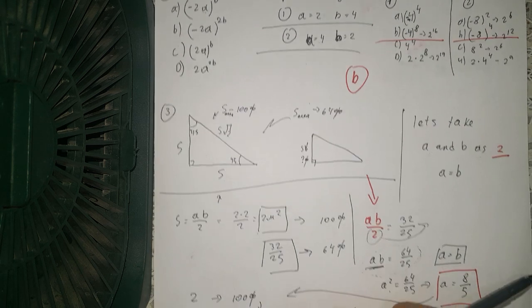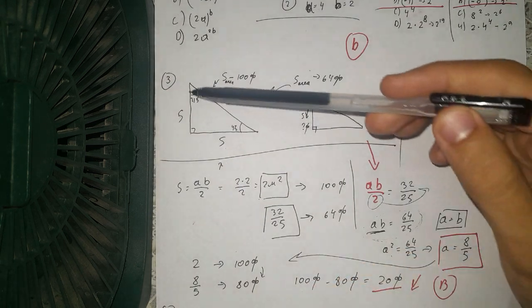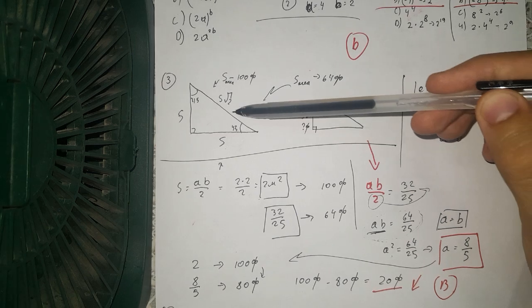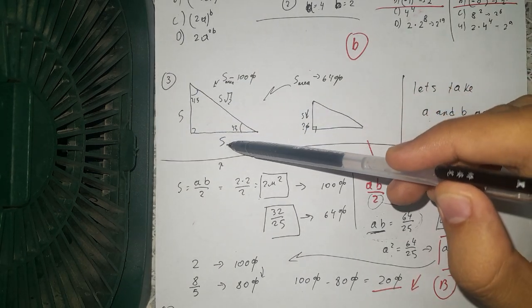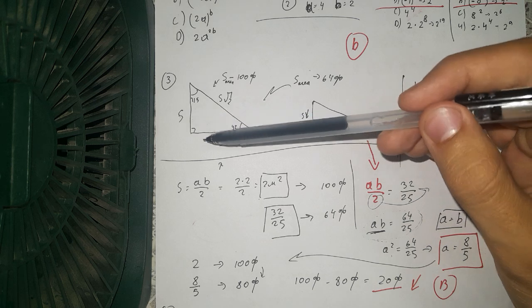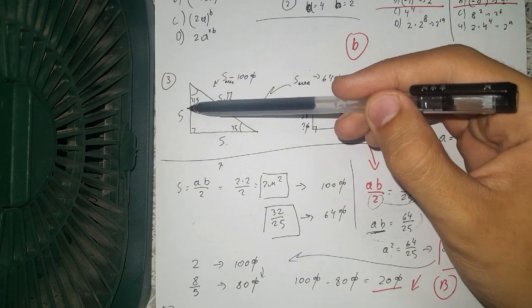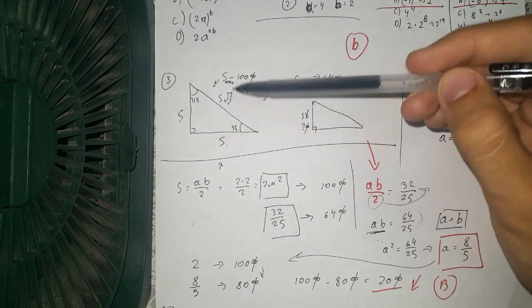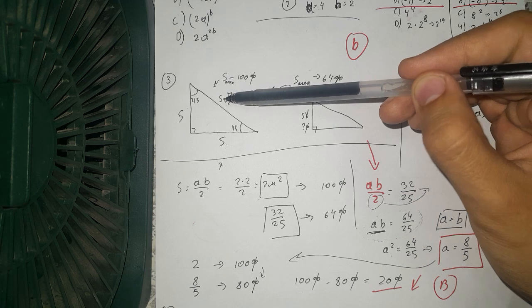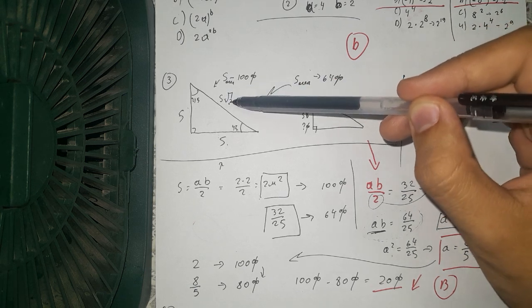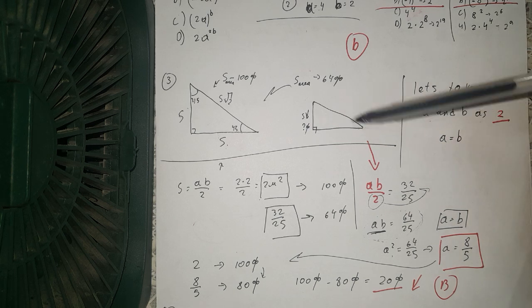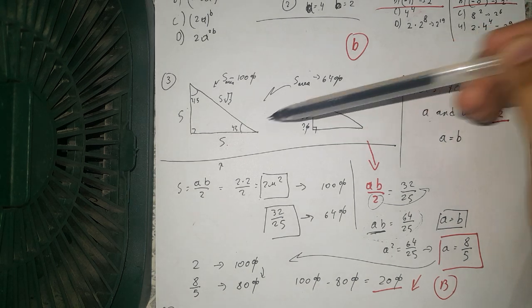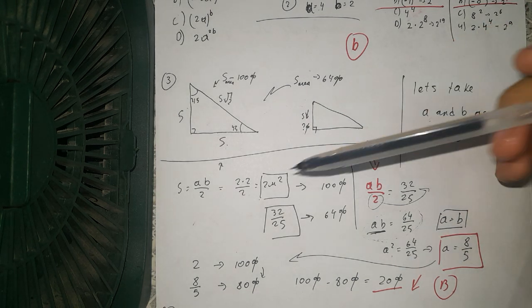So the third question says that we have a right triangle with the side S and S. This means that this can also be an isosceles triangle with the same side, and this is S multiplied by root of 2. And we have a smaller right triangle similar to this, like this.